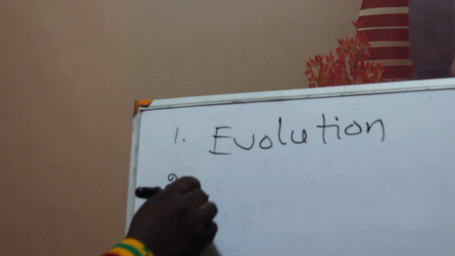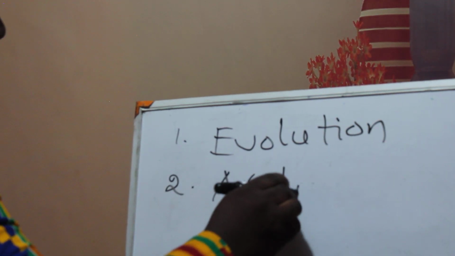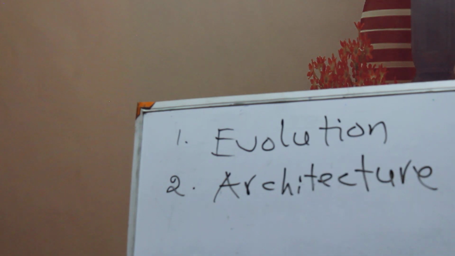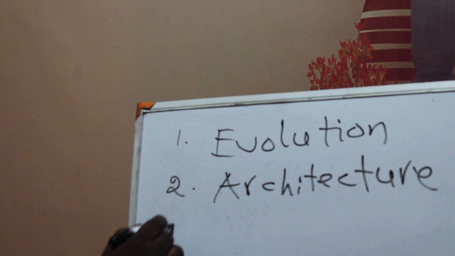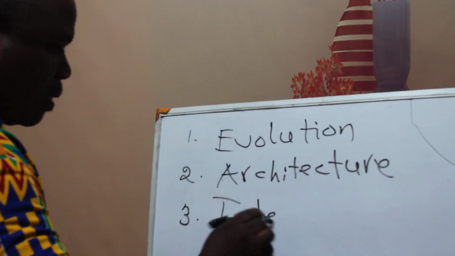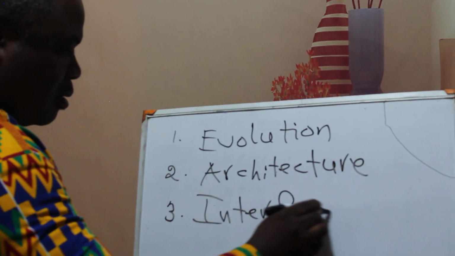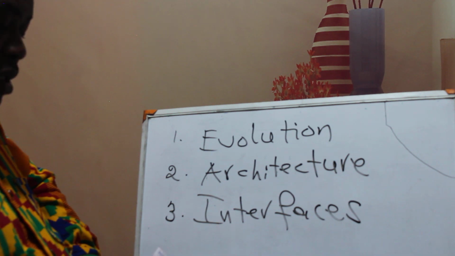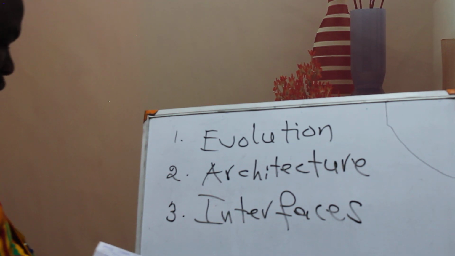Then the second one is we look at the architecture of the GSM network. And then the third one is we'll be looking at the interfaces we can talk about in the GSM network.